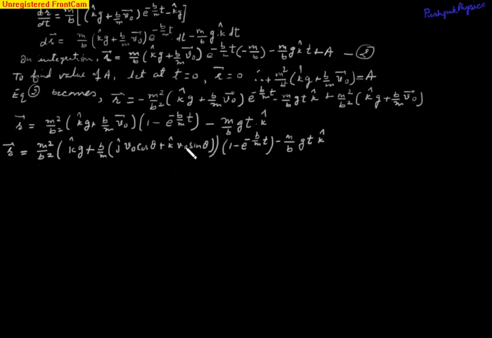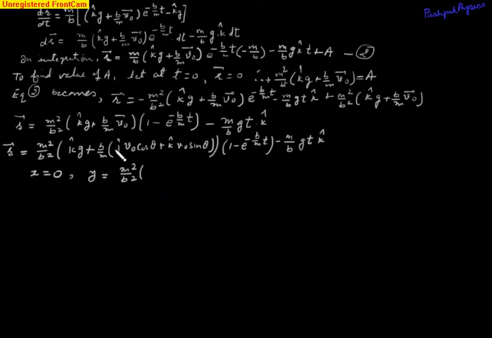Let us separate out the components i, j, k. Since there is no i component, we will write x equal to 0, and for y we will compare the components of j. We get y equal to m squared over b squared.